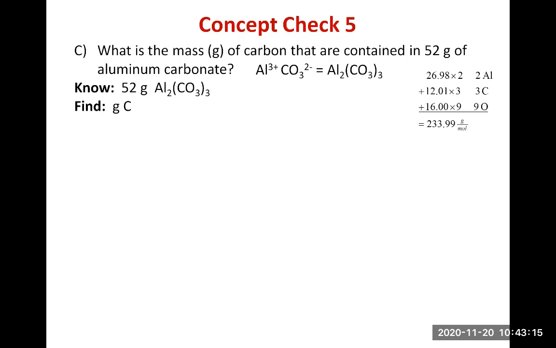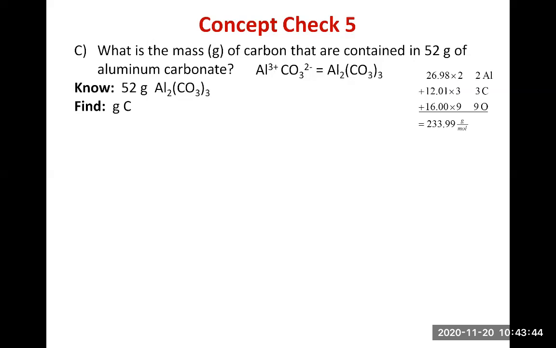And carbon, there are 3 carbons, and the molar mass is 12.01 grams per carbon, so times 3 for the 3 carbons. Molar mass of oxygen is 16.00, and you multiply it by 9 because there are 9 oxygen in the formula. You do the subscript 3 times 3 on the outside of the parentheses, and that's 9. So we have 9 oxygen per formula.